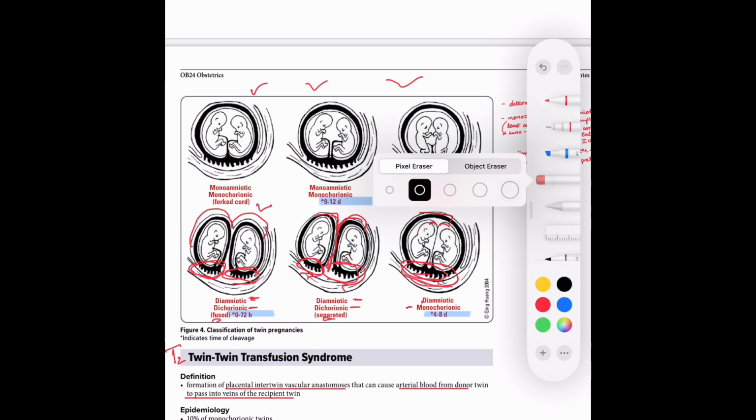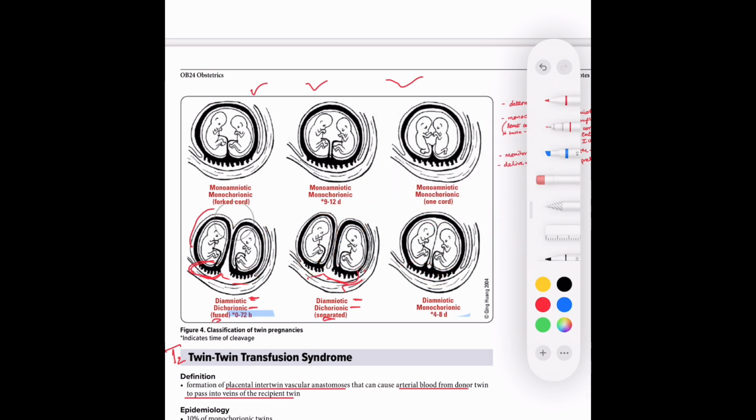Okay. Which one did we discuss that should have cesarean delivery for sure? Monochorionic ones. Oh, I mean monoamniotic ones. Yeah, I was marking right.